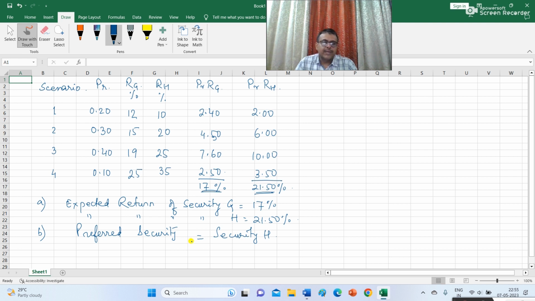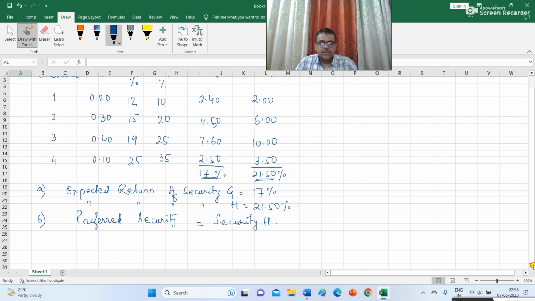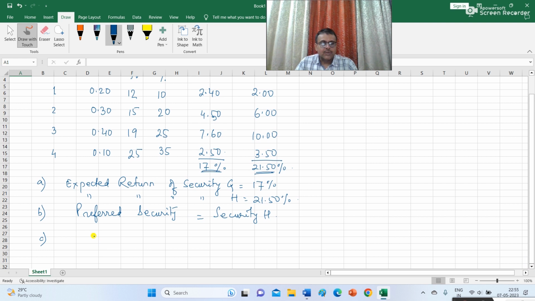Now we are going to calculate the standard deviation, that is the risk of security G and security H. So you are supposed to calculate the risk of security G, which is equal to the standard deviation of security G, and for this purpose you have to calculate the summation of PR RG square minus summation PR RG whole square.